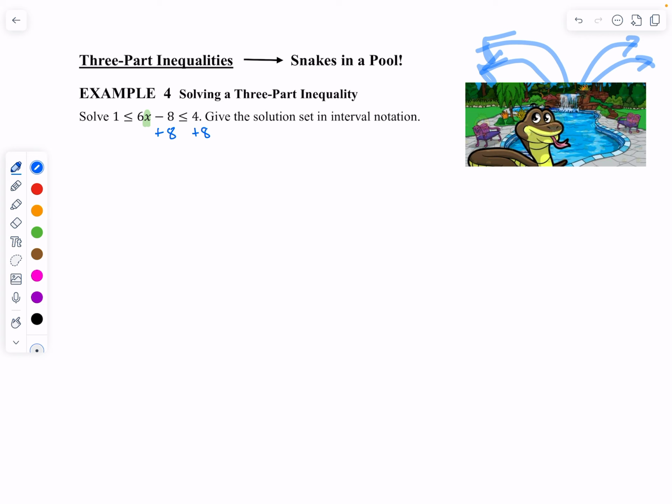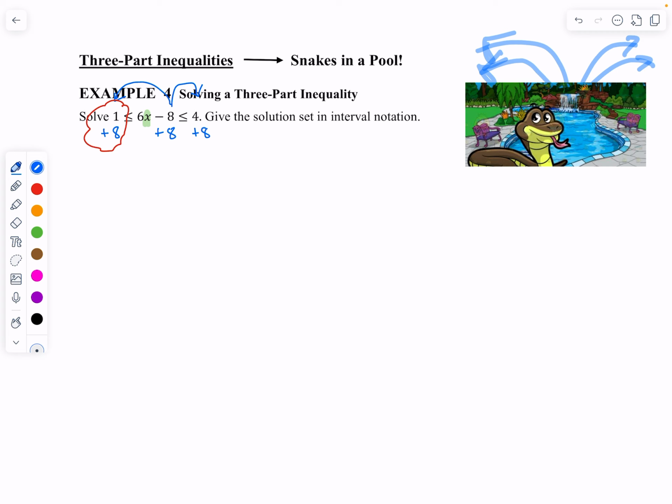Now, most people add it to the right-hand side, but a lot of people forget to add it to the left-hand side. That's where it's going to get out on both sides of the pool. So we're going to add 8 to all 3. This one is where most people miss it on the test. Did you hear that? On the test? Hint, hint, hint.